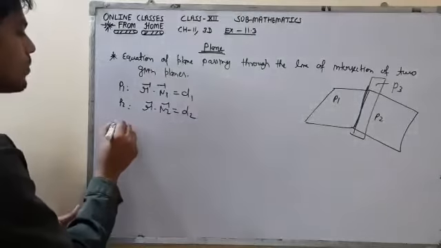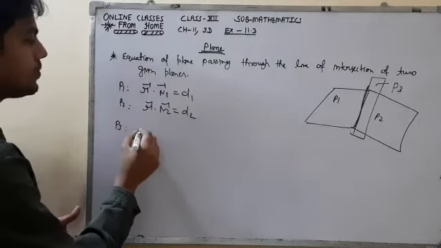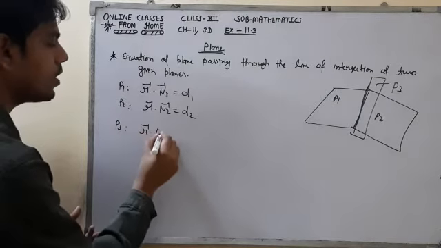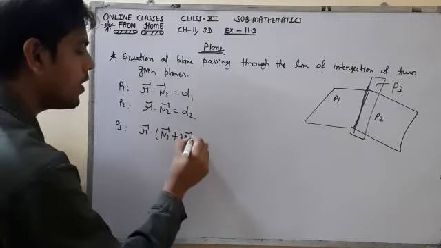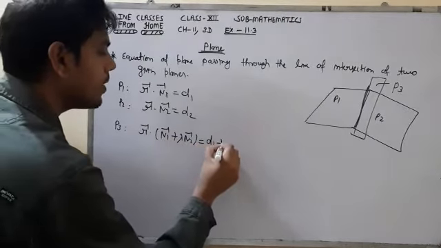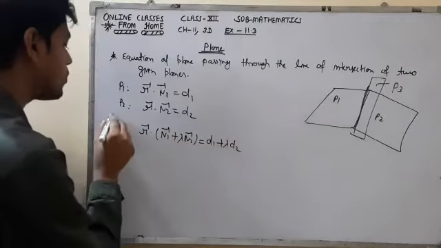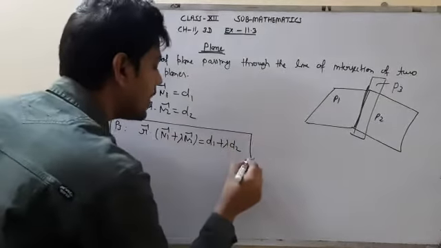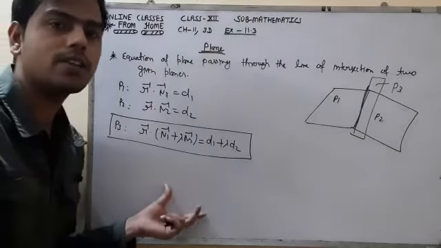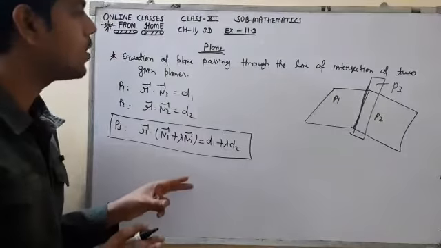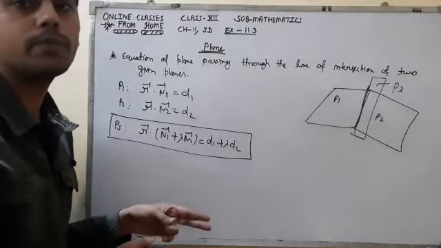So the equation of the third plane would be r vector dot (n1 vector plus lambda n2 vector) equals d1 plus lambda d2. Okay students, so this would be the required equation of the plane. Questions we will do in the exercise. Right now I'm just dictating all the concepts and the formulas.